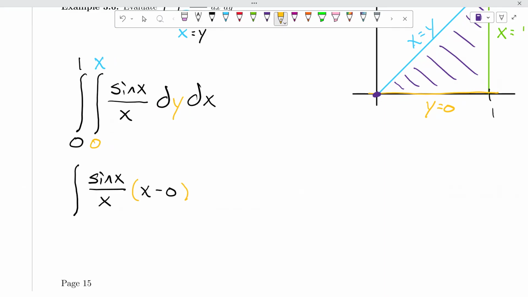Since all I have to integrate there is the dy, don't forget, in these double integrals, I can just treat the other variable as a constant, much like partial derivatives. I'm doing the dy integral. X gets treated as a constant. Something integrates to y, plugging in my bounds, I get x minus 0. And I'm still integrating x from 0 to 1.